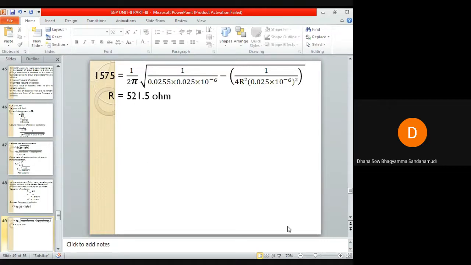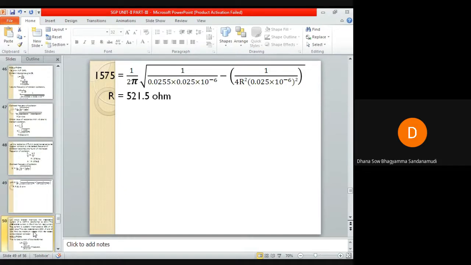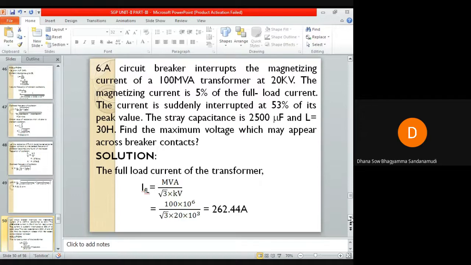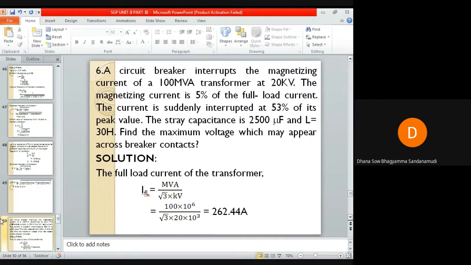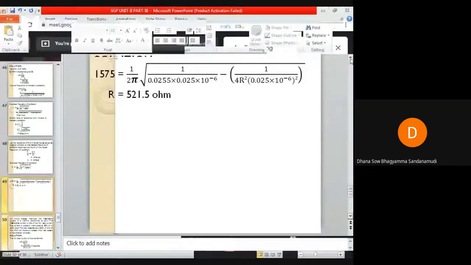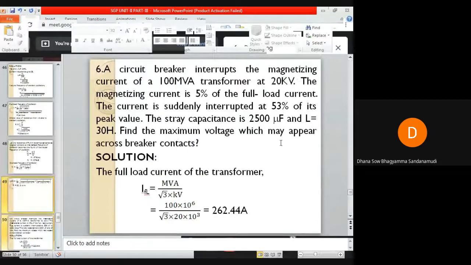Then we will go to the next problem. For you the slide has changed, for me it didn't change. Yeah, now it has changed.